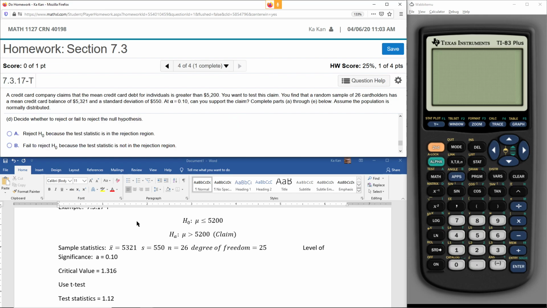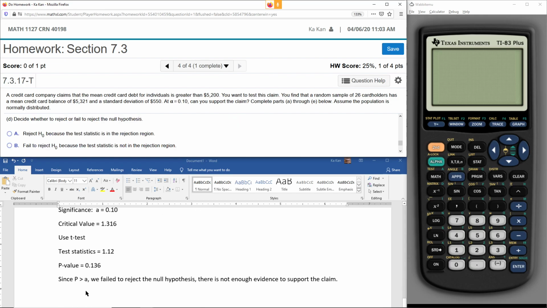So now let's see the test statistic, just like this guy right here. In other words, the test statistic is less than the critical value. Because it's less than, it means you're in the safe zone.